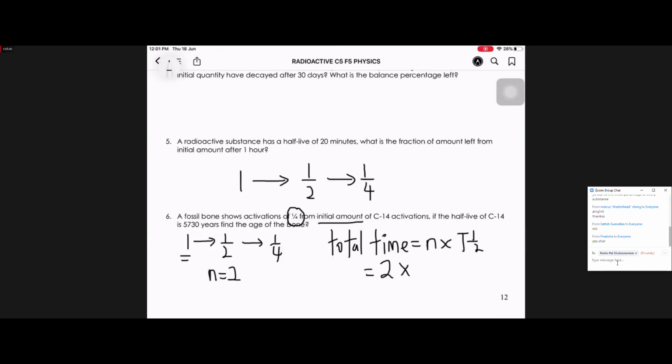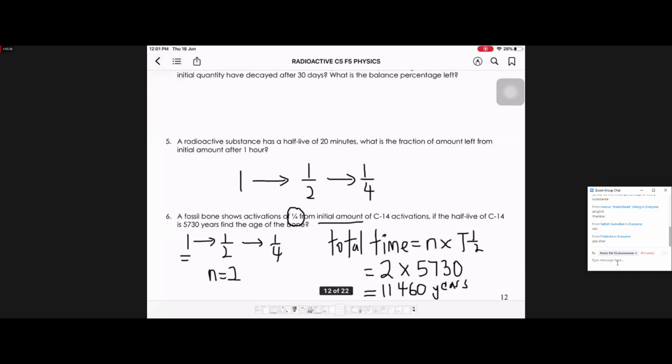Half-life is 5730 years. So we get 11460 years. This is how we can detect the half-life of all the things around us. All right? Okay, very good.